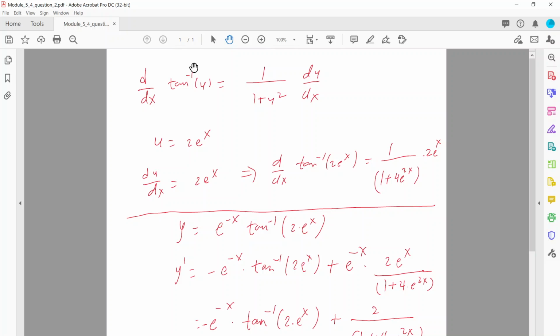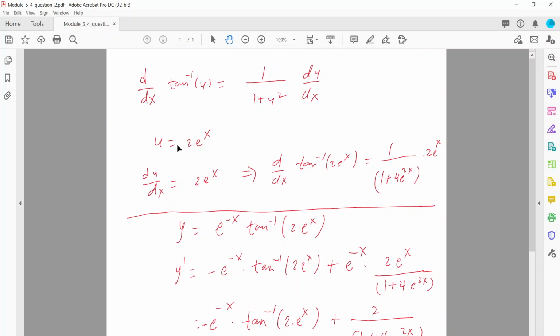So this is the standard formula for the derivative of tan inverse of u. u stands for anything, a function of x. With respect to x, this is the formula: 1 over 1 plus u square times the derivative of whatever comes inside this parenthesis with respect to x. In our case, inside this parenthesis there is 2 times e to the power x.